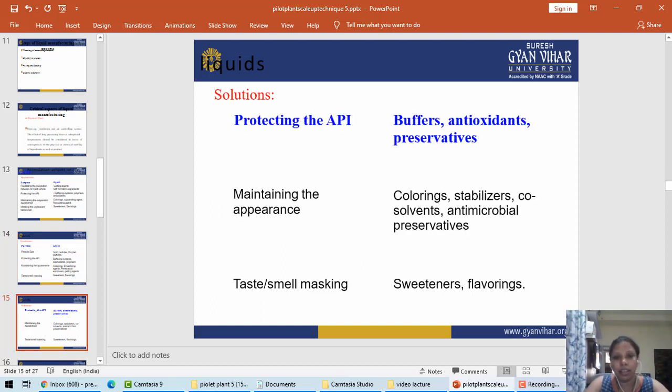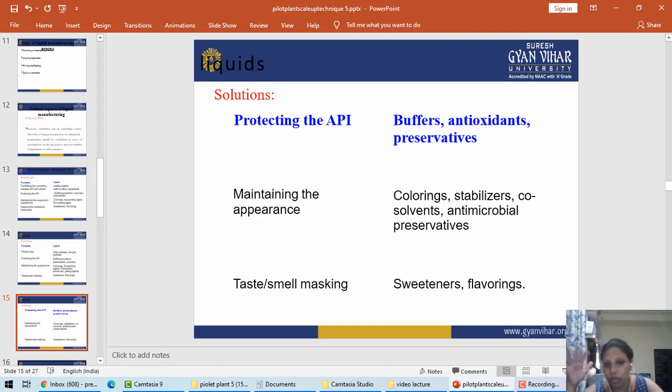Next is protecting the API, which is related to the solution. In solution, the maintenance of appearance and masking of taste and smell are considered.